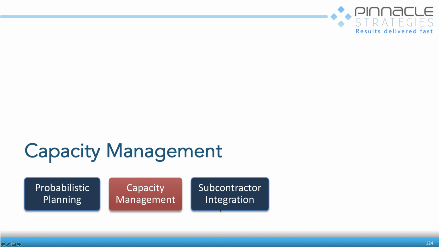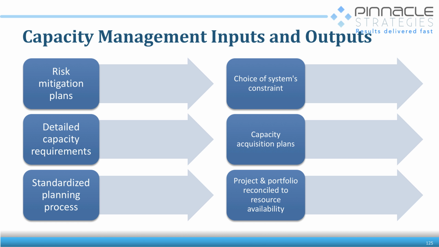Now, once we have probabilistic planning where the work is actually explicitly stated versus the uncertainty, then we've got some good, solid capacity requirements information. So we know what the true capacity requirements are, right?